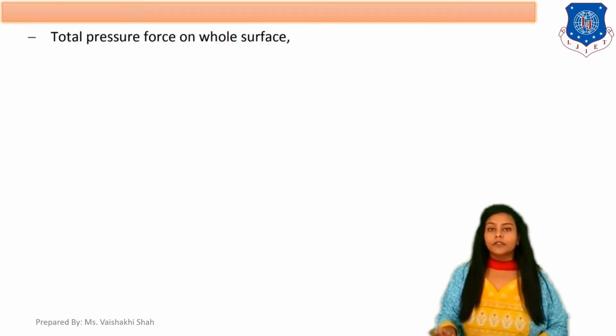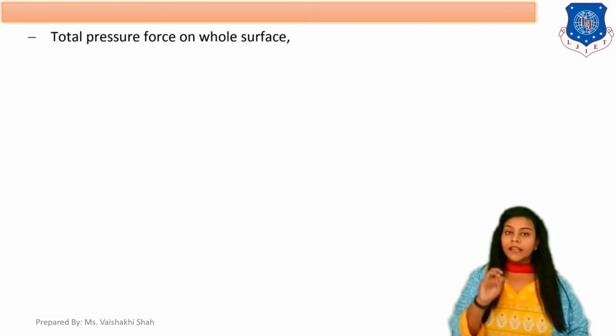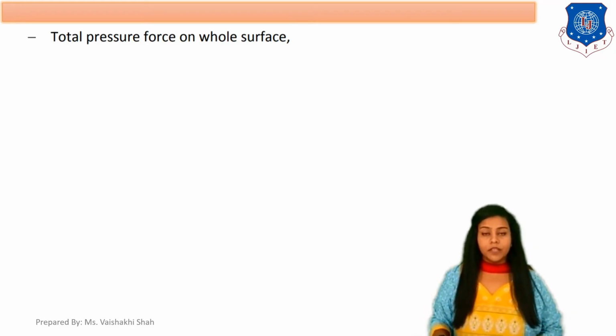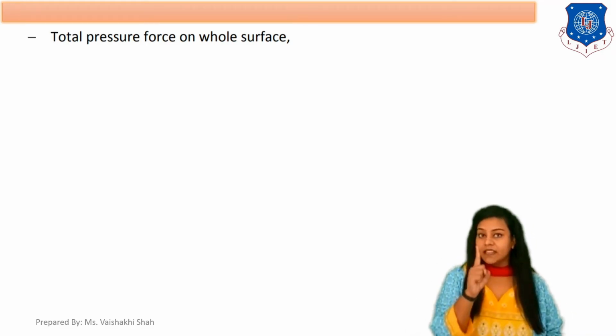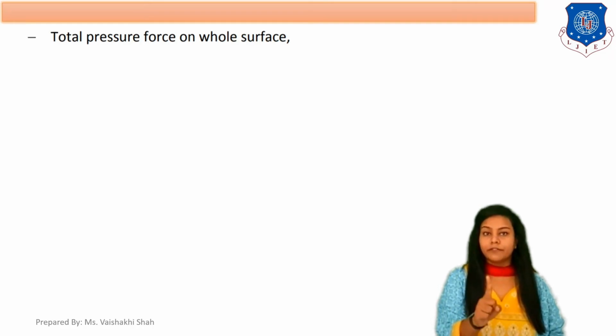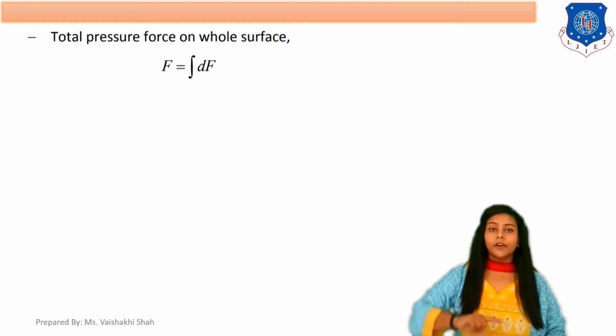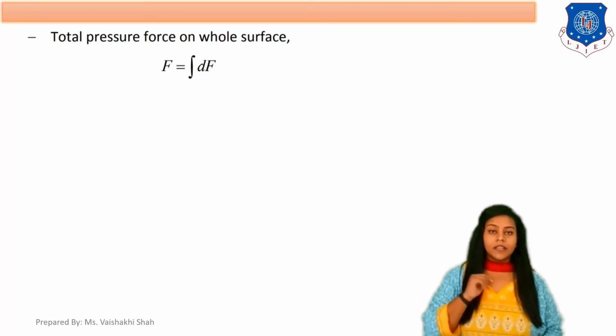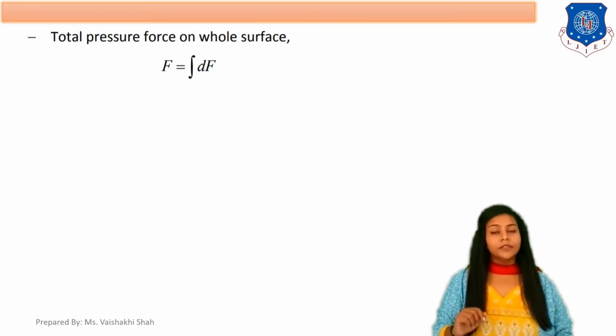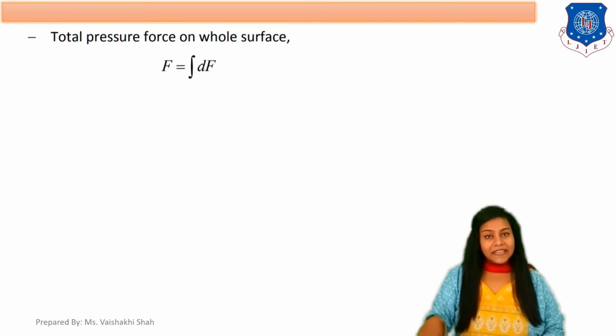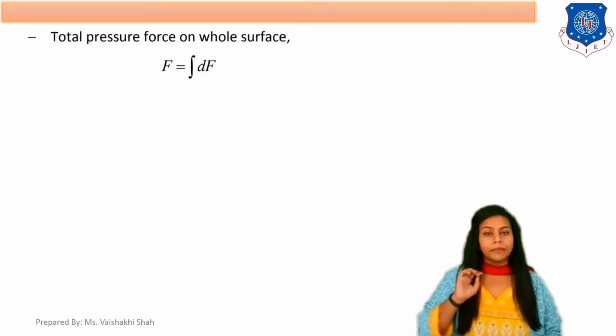Total pressure force on the whole surface. Here we found the pressure force on a single strip, which is dF. Now we have to find out the total pressure force for the entire body. Then you can find it by integrating the force on a single strip.